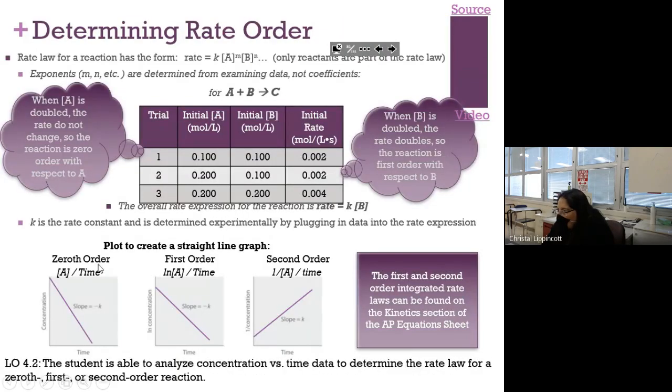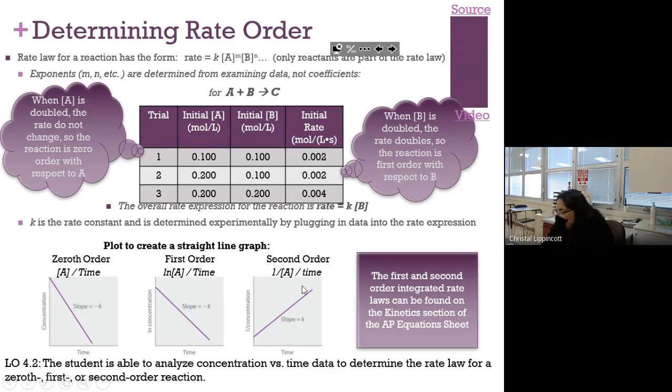All right, rate order. Remember, we had rate order. When A is doubled, the rate doesn't change, so that's going to be 0 order. Remember, you have to look for a situation where B is held constant. If this is doubled and this doesn't change, it's 0 order. Here, A is held constant, and this doubles our rate, so this is going to be a first order reaction.